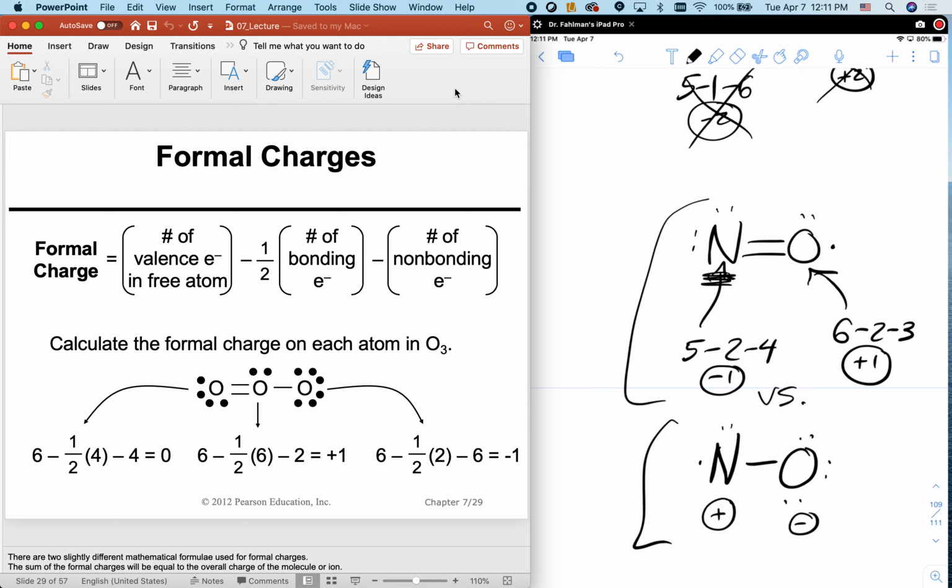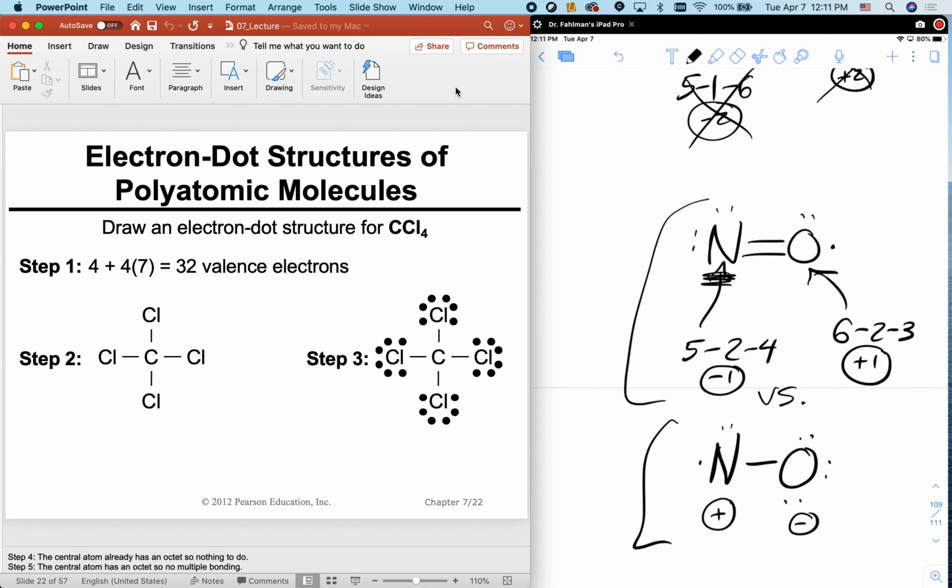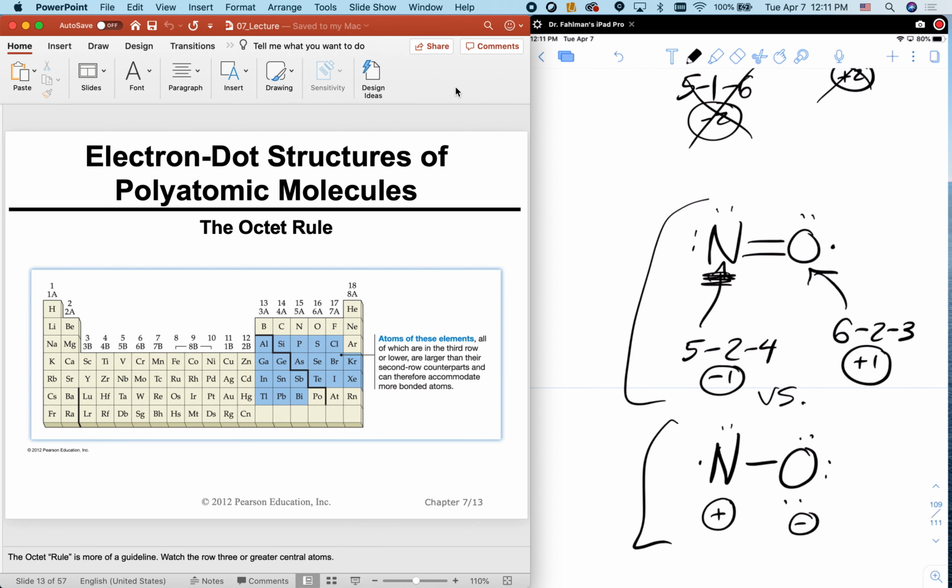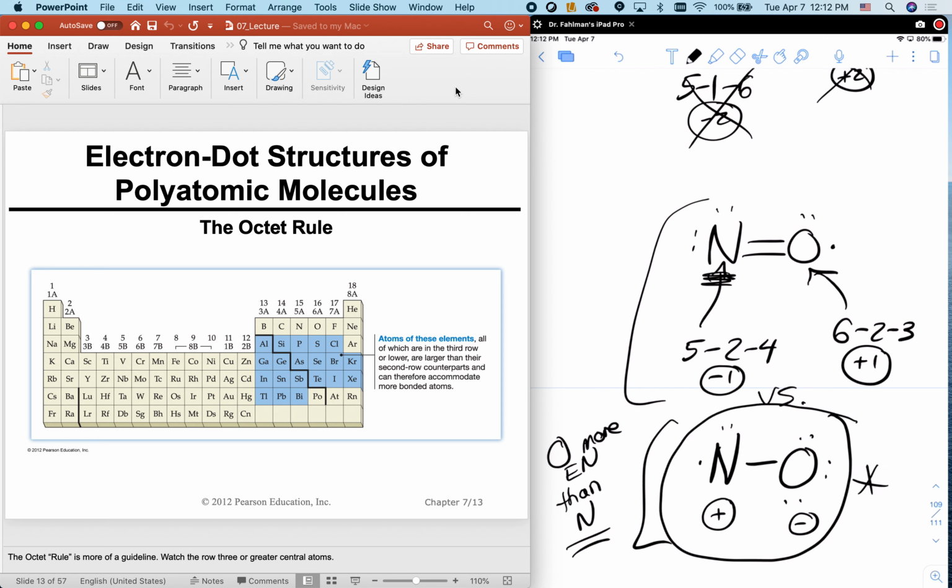I guess this is recorded, so you can't speak back to me, so I shouldn't wait too long for your answers. If I go back to the periodic table, which is more electronegative, oxygen or nitrogen? You'll see that oxygen is more electronegative than nitrogen. So the structure that has the formal charge of -1 on the oxygen is going to be preferred.